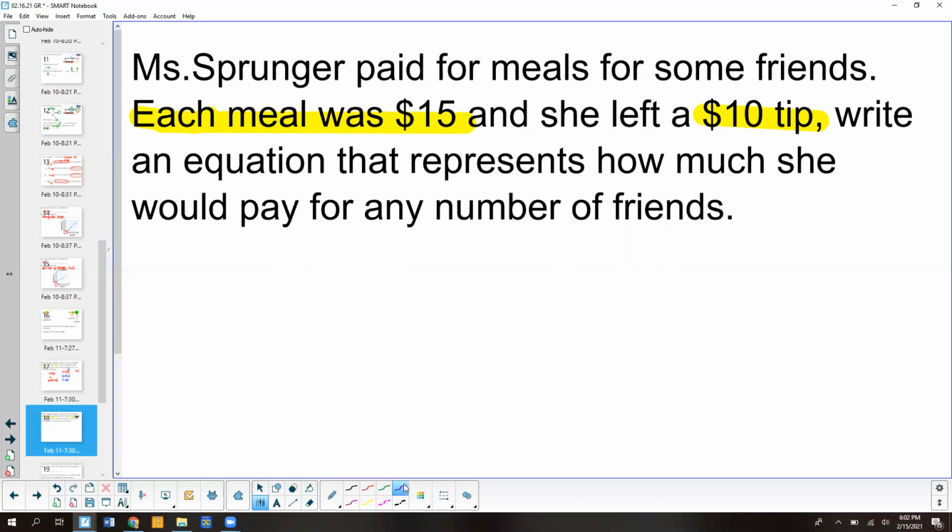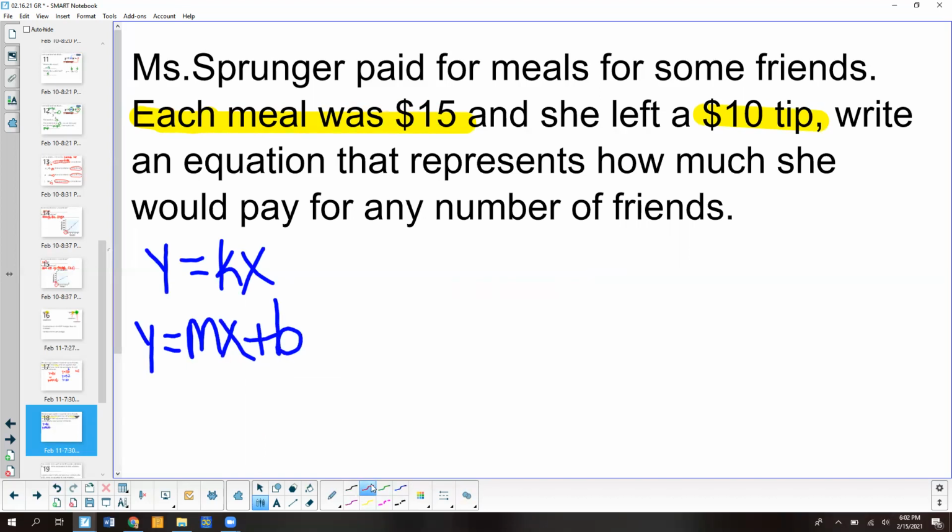If my choices are y equals kx or y equals mx plus b, remember when each meal was $15, my equation was y equals 15x. That's our variable term right there, that 15x. When you leave a tip, that is a one-time payment. That is a constant number. That is not changing. That tip is not fluctuating. I'm giving them a $10 tip and it's not changing.